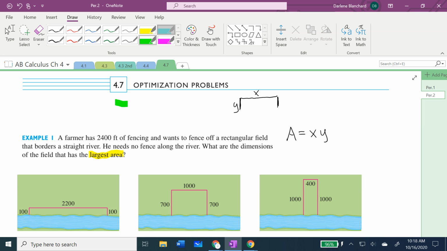The farmer has 2,400 feet of fencing. If there's 2,400 feet of fencing, then X plus 2Y is going to add together to make 2,400.